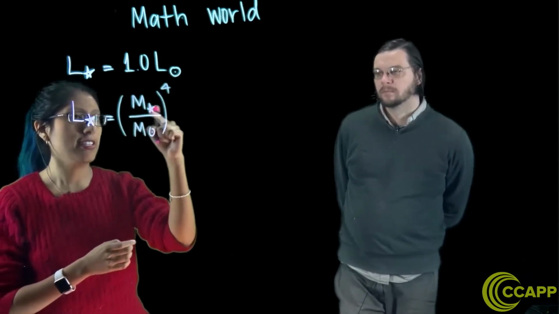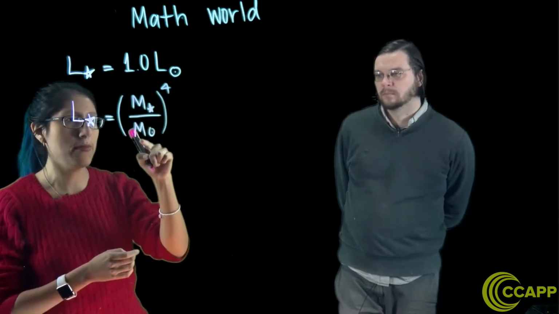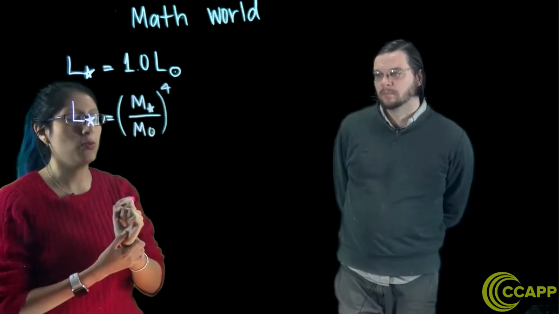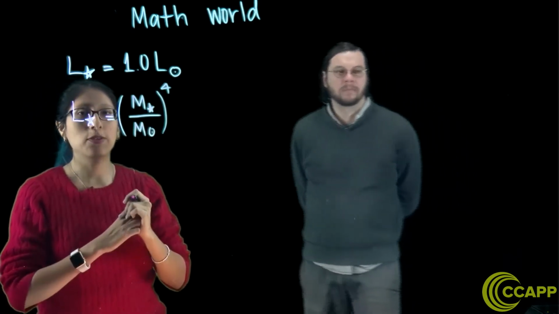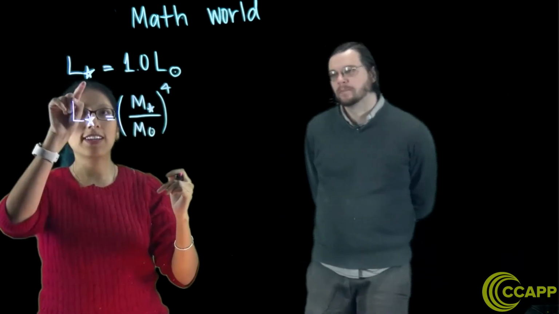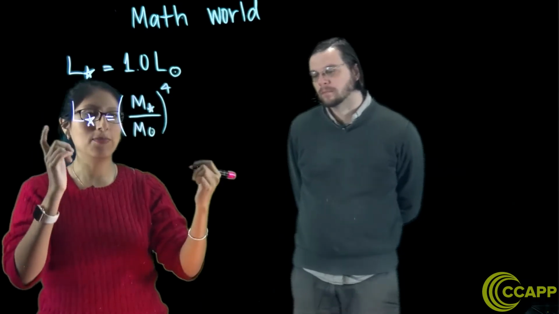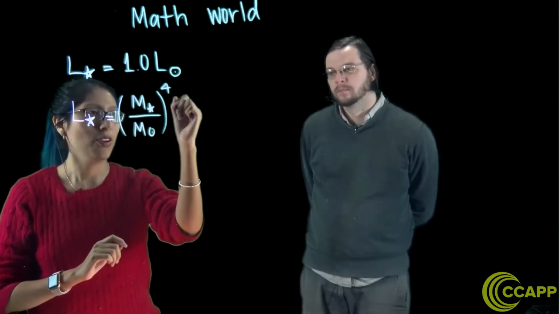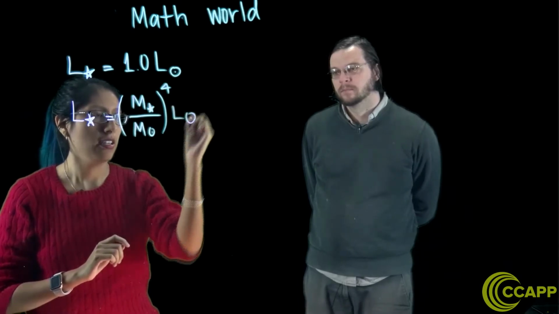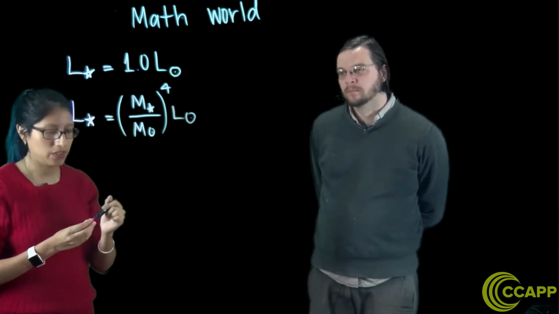Since we have a ratio of masses, this is unitless, so we need a unit. We mentioned before that luminosity is in units of the luminosity of the sun, so we add that to the end.